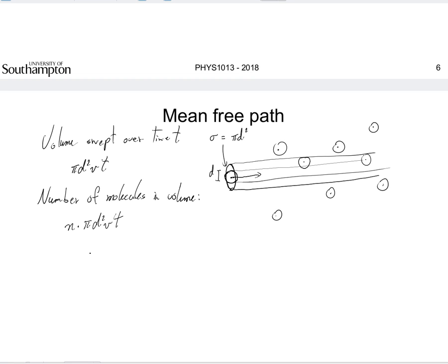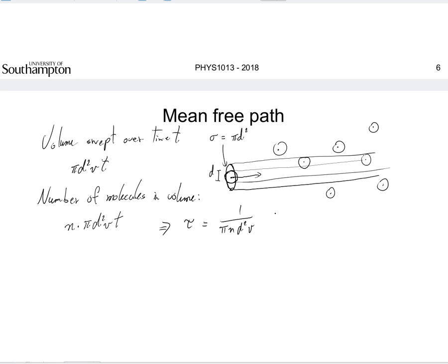Yeah? So what this means is that, okay, this guy is a little too far out, we're going to call it tau. It's 1 over pi, not 4, but pi, n d squared v.